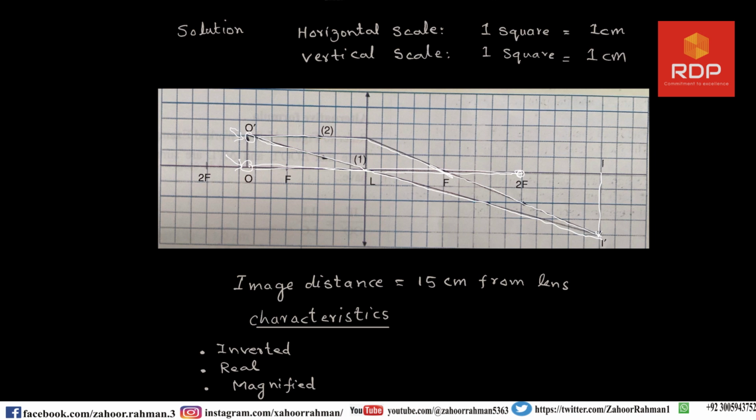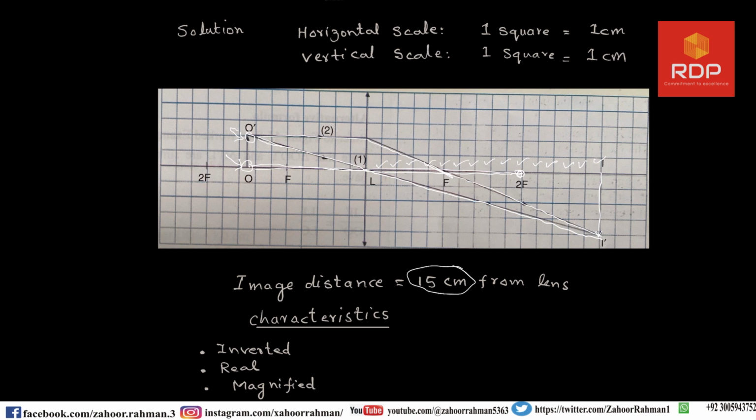In this way you can create the image. Now you can see the image distance, how many centimeters? 1 square represents 1 centimeter. So 1, 2, 3, 4, 5, 6, 7, 8, 9, 10, 11, 12, 13, 14 and 15. That is why I have written here: image distance from the lens is 15 centimeters.